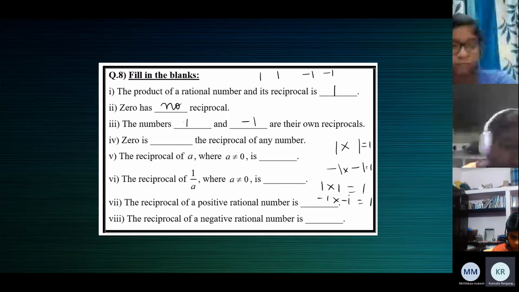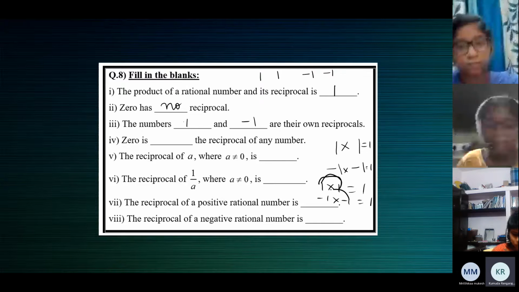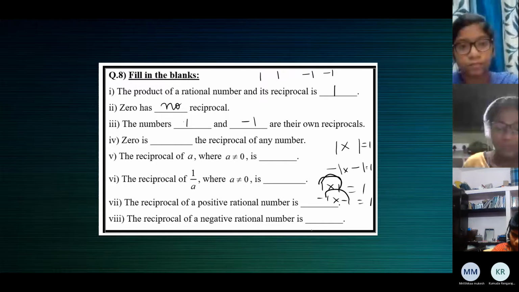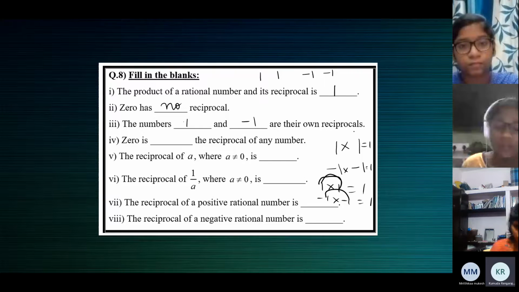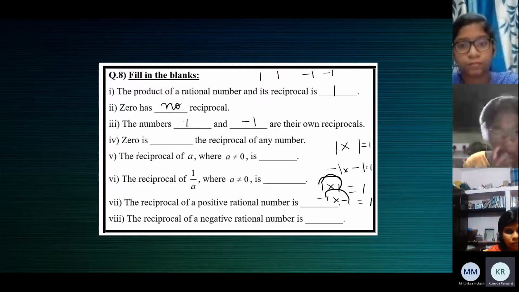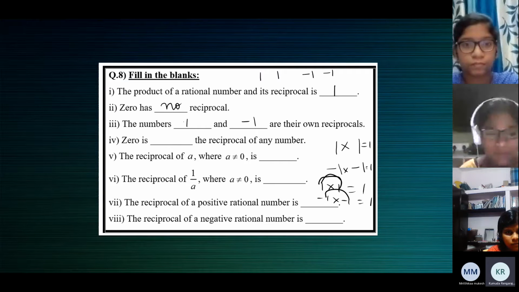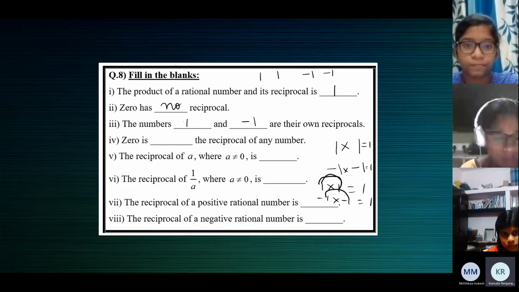If the product is 1, that means 1 is the reciprocal of 1, and -1 is the reciprocal of -1. So 1 and -1 are their own reciprocals. 0 is dash the reciprocal of any number.